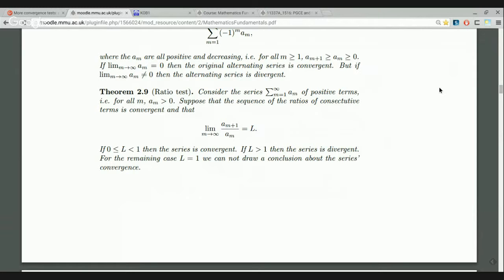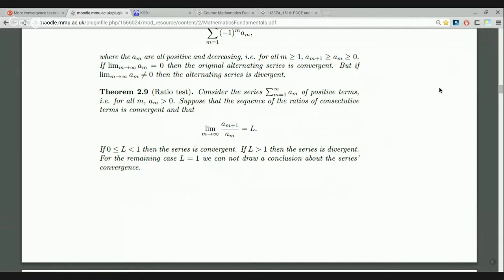The limit has to be bigger than or equal to 0, because everything's positive. If the limit is strictly less than 1, then the conclusion is that the series converges. If L is strictly greater than 1, you get the negative conclusion that the series diverges.